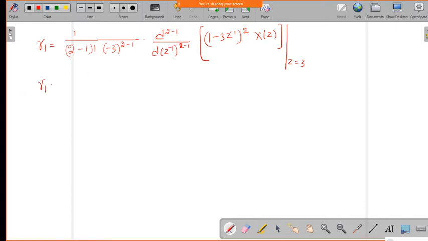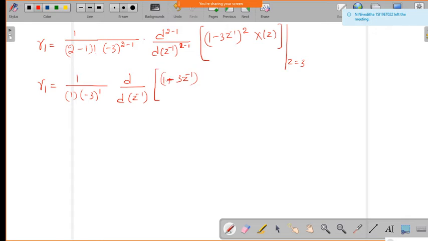So gamma 1 will be equal to 2 minus 1 factorial, which is 1 factorial, so the value 1, and minus 3 power 2 minus 1 is the value 1, and here 2 minus 1 is 1. So you have to evaluate d by dz inverse of 1 minus 3 z inverse whole square into X of z.